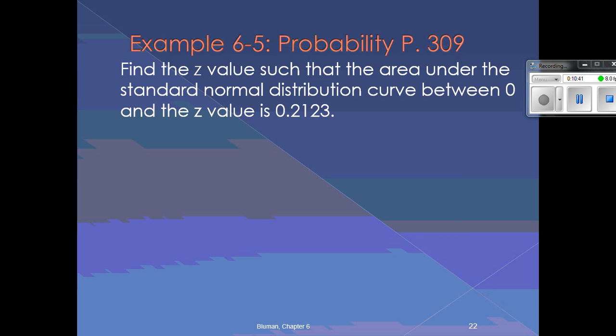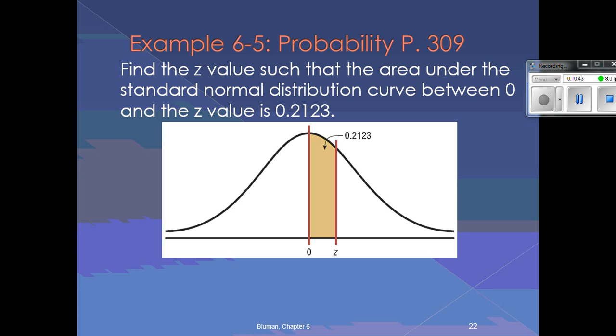And the last one: what if they want the z-value such that the area under the standard normal distribution curve between 0 and the z-value is 0.2123? What we're asking is, what value right here would it have to be where this area is 0.2123? Think about it.